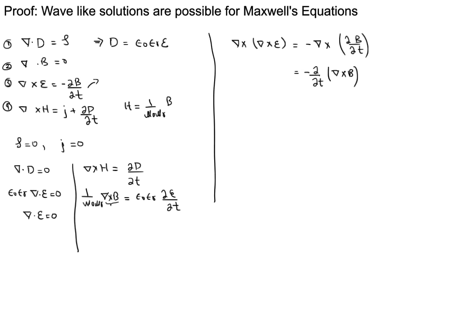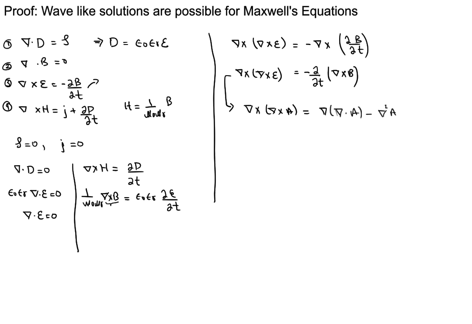And here on the other hand we have del cross del cross E, and from our vector calculus knowledge, we know that the curl of a curl equals the gradient of the divergence minus the Laplacian of that vector.